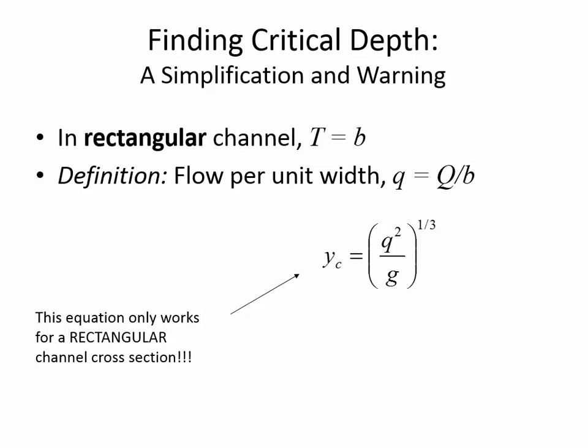So this is a little bit easier than this first formula. This first formula is always valid. So make this note: always valid, meaning regardless of what the shape of the channel is. And this formula, where it's lowercase q squared divided by g to the 1/3 power, is only for rectangular channels.